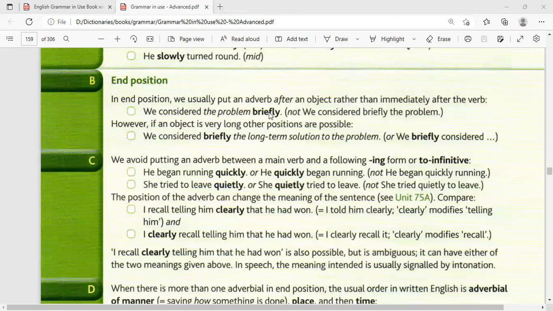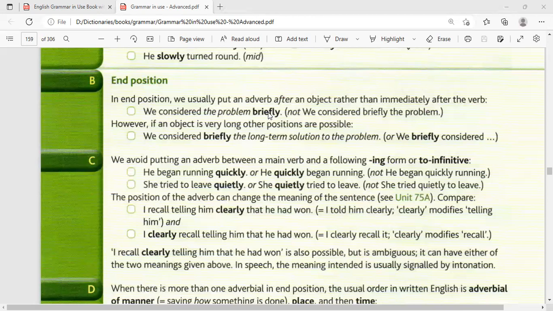And briefly, it's an adverb. So we have subject, verb, object, and adverb. Okay? So we considered the problem briefly. We have subject, verb, object, and then the adverb.